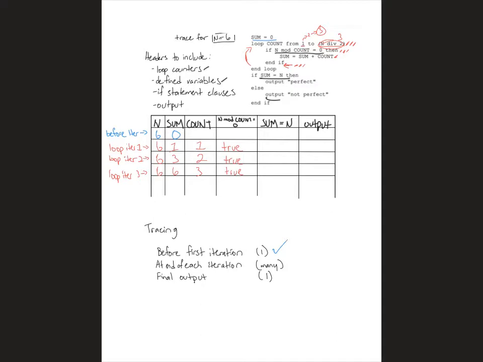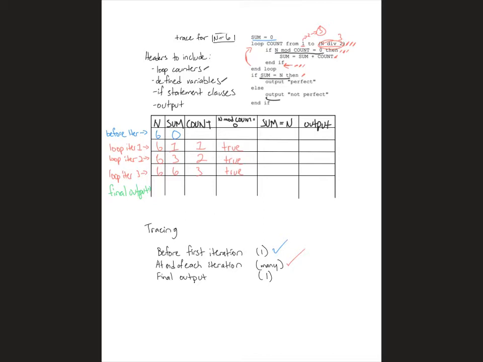And now we check these if statements. So our last line is final output. So we are done with the end of each iteration and doing a line for each iteration. And we're going to just put here final output because there are no more loops that we need to go into, and n is still equal to 6.